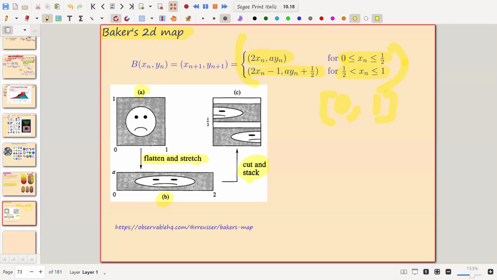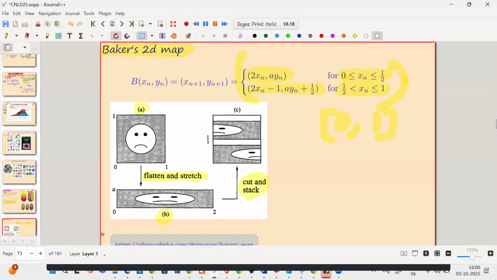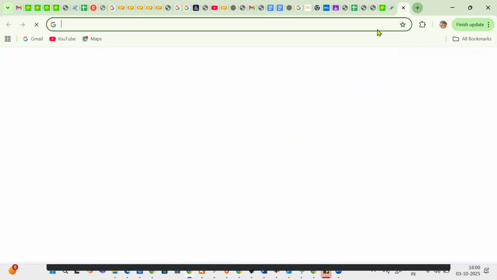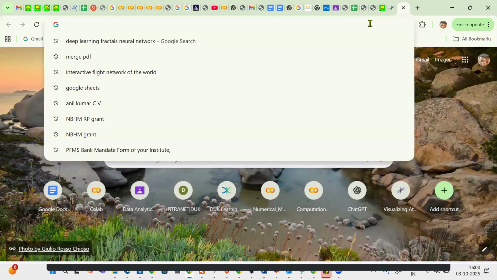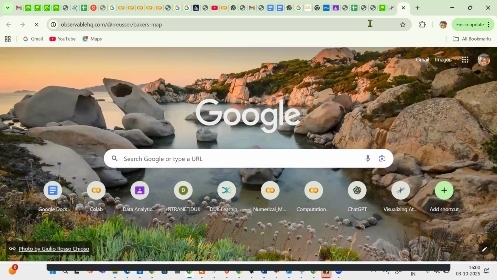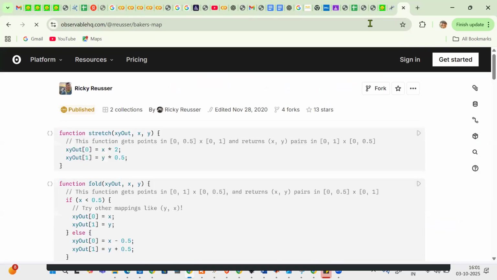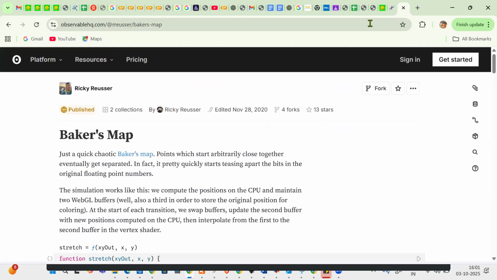To understand this behavior properly, let us watch this website which shows a video of the Baker's map. Carefully see this diagram here.